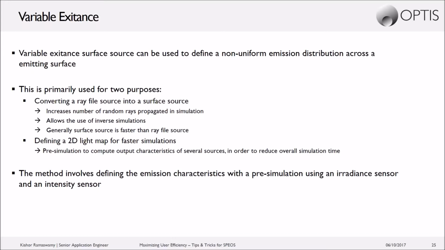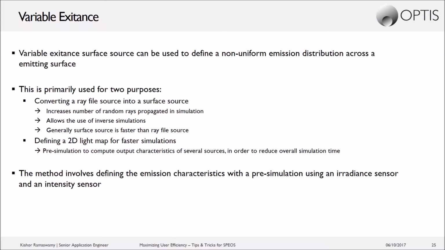Some other examples of where this could be useful is for converting a RAY file source into a surface source. RAY files are very commonly used, especially for LEDs, but they have certain issues and certain things that you can't necessarily do by using RAY files. For one example, a RAY file will have a fixed number of rays.